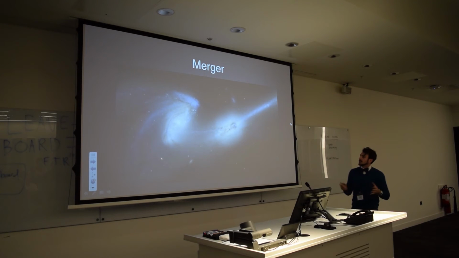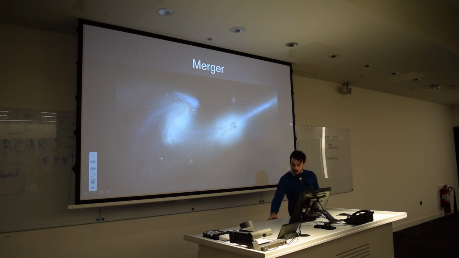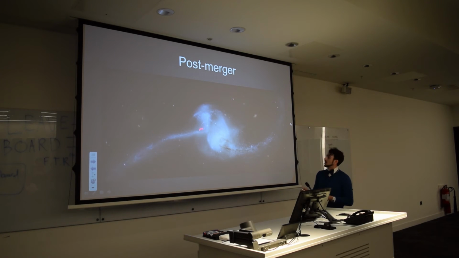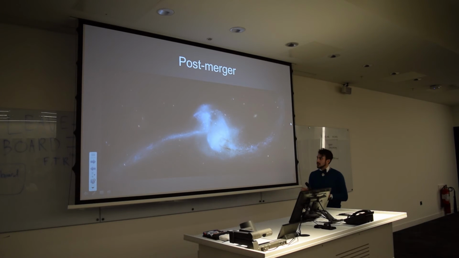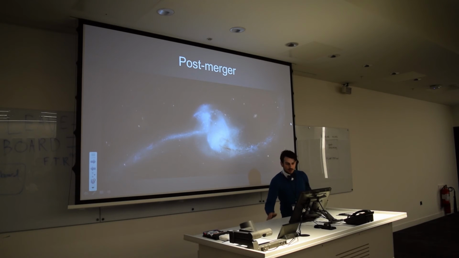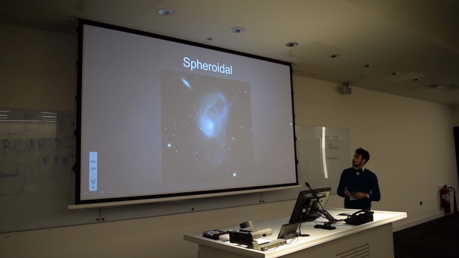First you have a nice merger, things go around, you might have some flybys, a few passes, and then things become closer together. You still get some bits of stars flying off, but it's already looking a lot more lumpy and spherical. You get a sort of spheroidal post-merger.